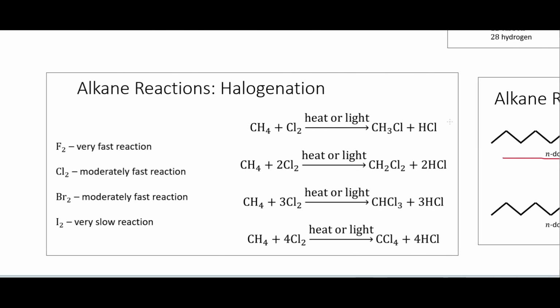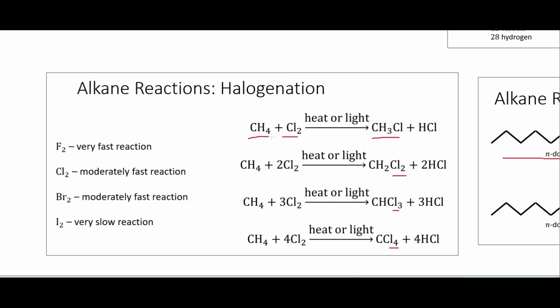Then the last reaction here is just halogenation, and so that's just adding halogens, so fluorine, chlorine, bromine, and iodine onto our hydrocarbons. There are different levels of halogenation you can get. So we can take our methane here plus Cl2, we add heat or light, and we get this single chlorine on here. We can get up to double chlorine, triple chlorine, and tetrachlorine right here.